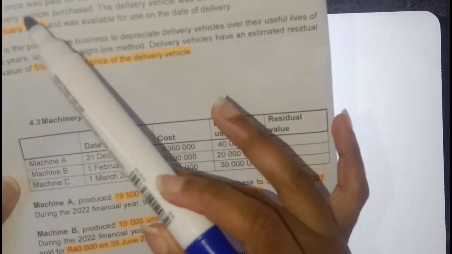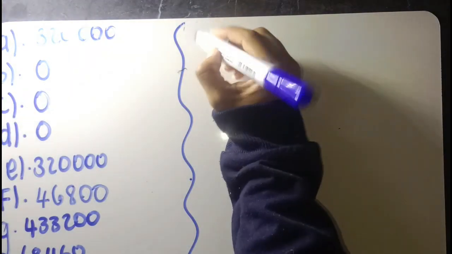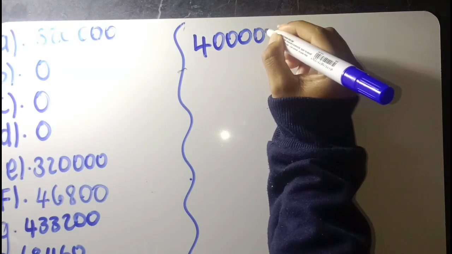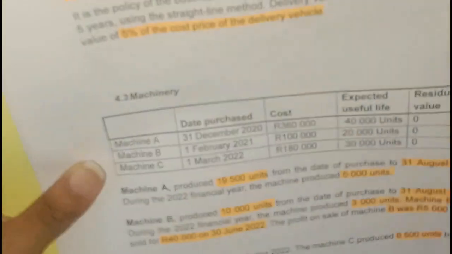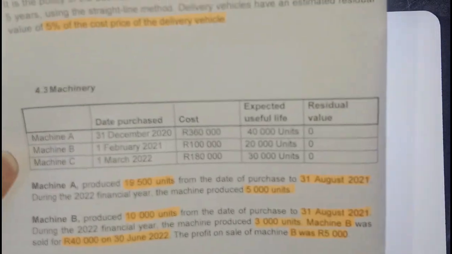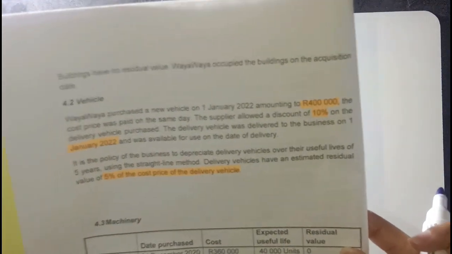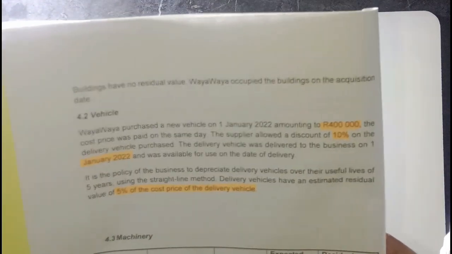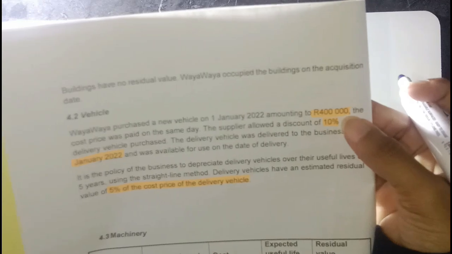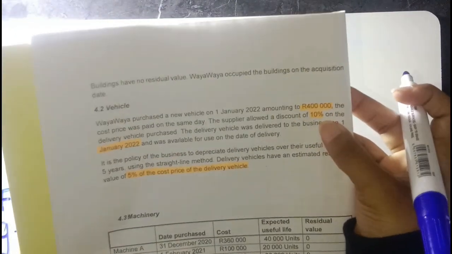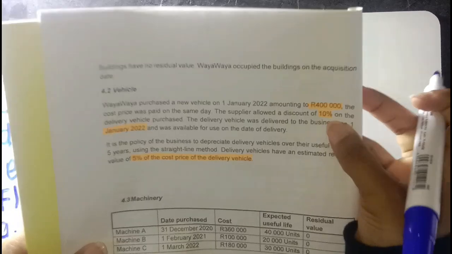The cost price was 400,000. The supplier allowed a discount of 10%. You'd say I'm very lucky, they gave me the 400,000 easy. No, they say the supplier allowed you a discount of 10%, meaning you paid 90%.